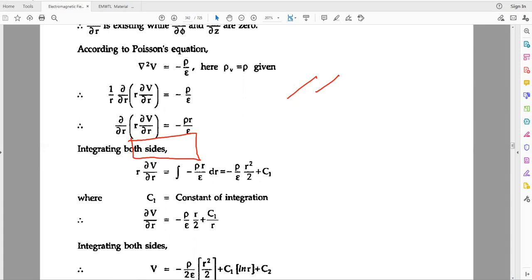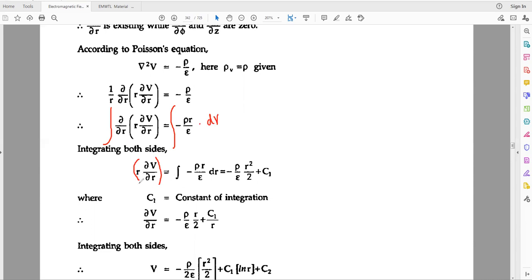Here you can apply the integral, and the integral of a derivative gives a constant. That constant is R into dou V by dou R. The integral is minus rho R by epsilon into dr.